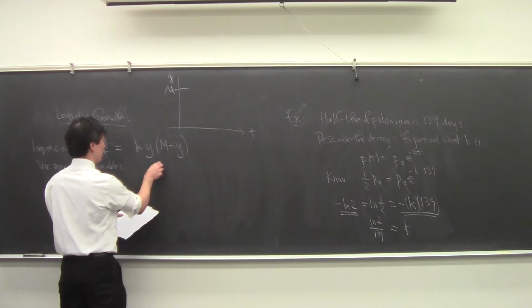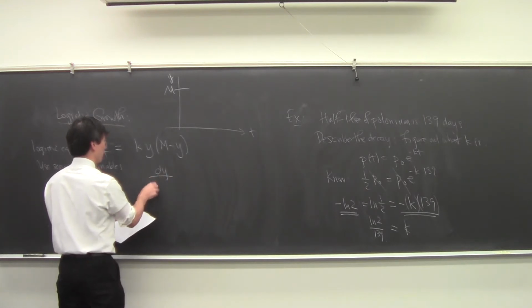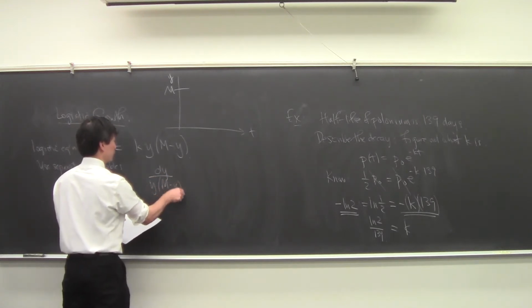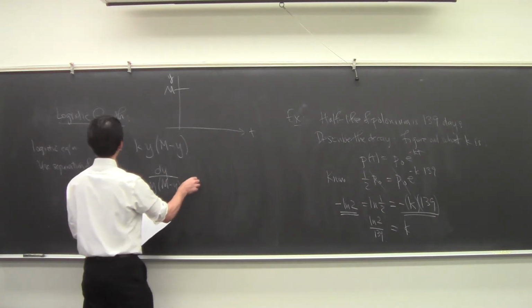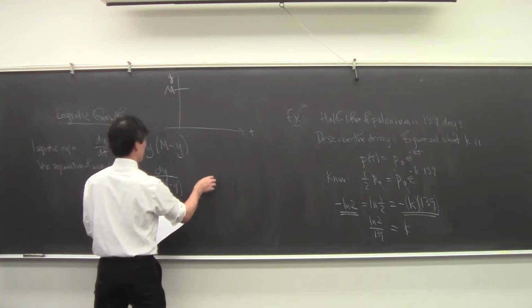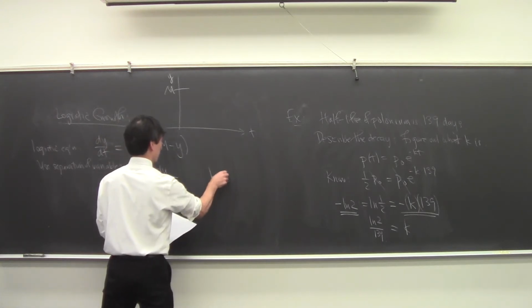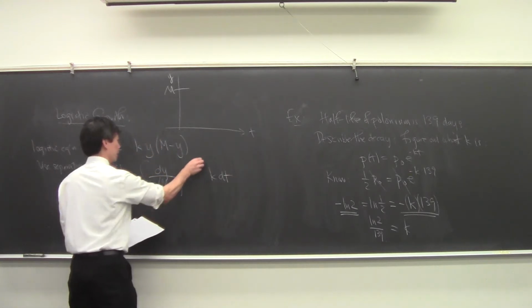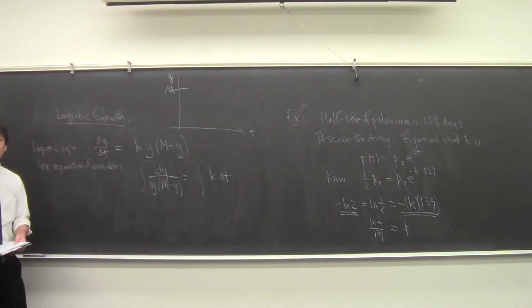Okay. So I'm going to divide both sides by y(m minus y). I'm going to multiply both sides by dt, right? And I'm going to anti-differentiate, right?